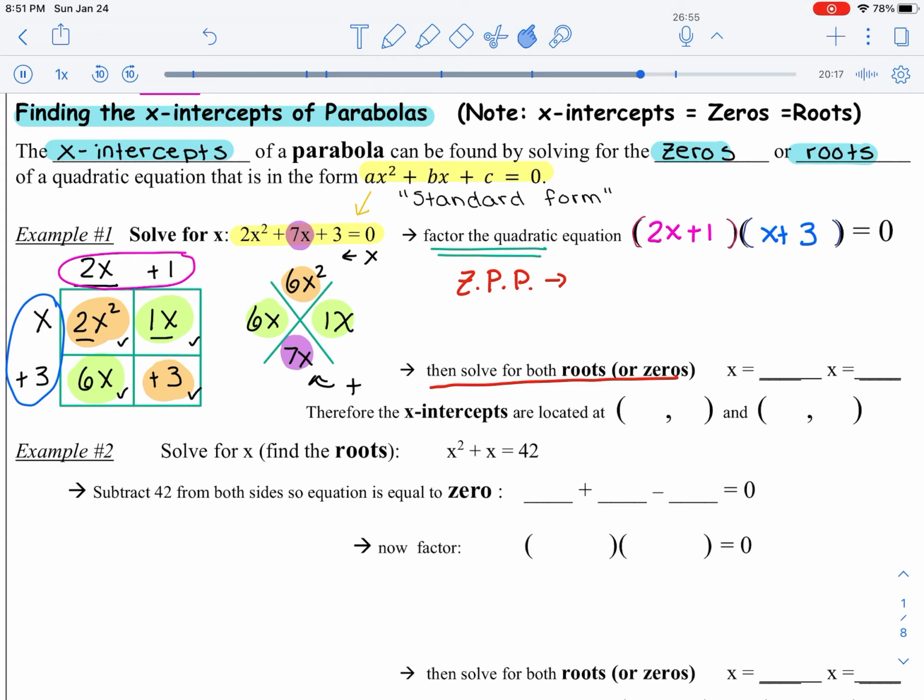I need to split into two separate equations, which are 2x plus 1 equals 0 and x plus 3 equals 0. And I'm going to solve both of them for x. So we get x equals negative 1/2 or x equals negative 3.